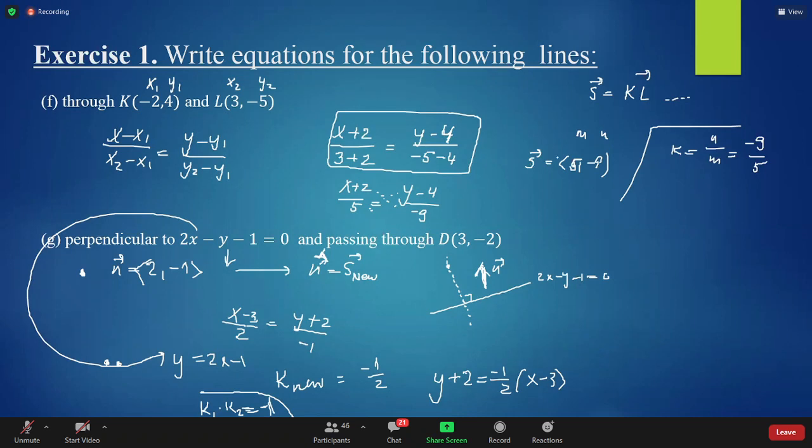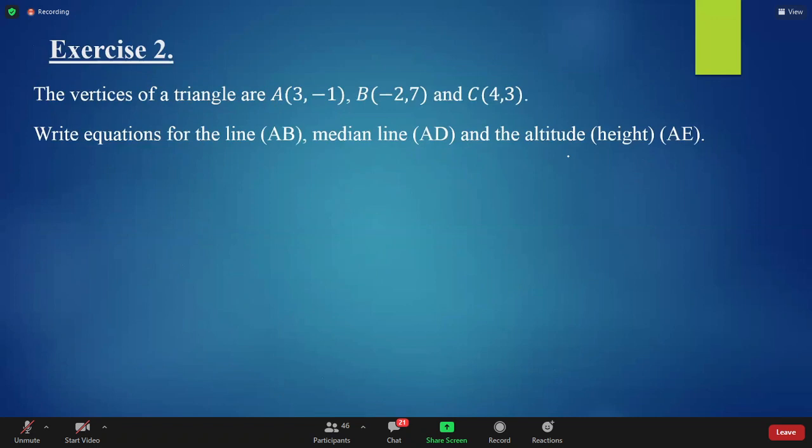All right, now the next, a triangle, a little bit of geometry. After all, we do have analytical geometry: A, B, C. 3 points. So we have A (3, -1), B (-2, 7), and C (4, 3).